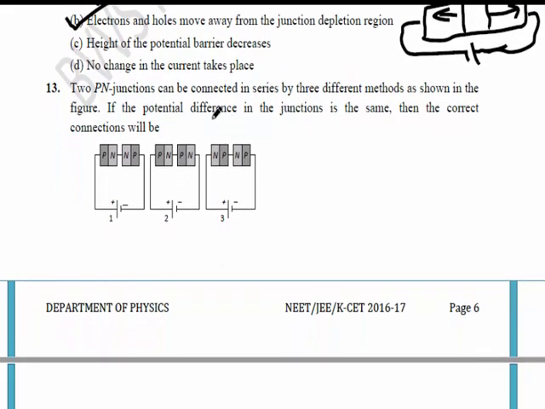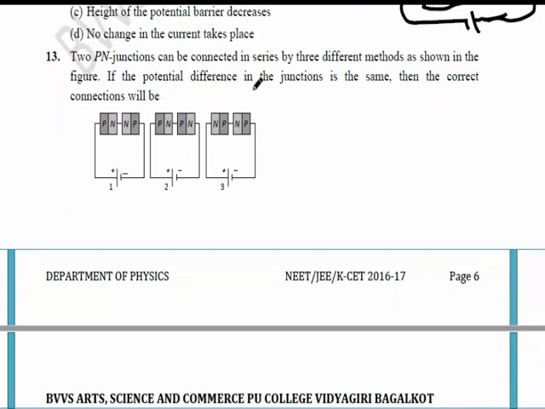So next one, 13th question. Two PN junctions can be connected in series by three different methods as shown in the figure. The potential difference in the junctions is the same. Then the correct connections will be. See here, for series connection, the two PN junctions are connected in series. Look at the diagram. There are two PN junctions. They should be connected in series. So in the first diagram, PN, NP.